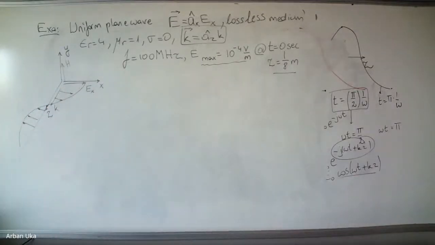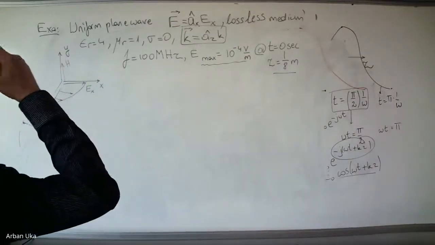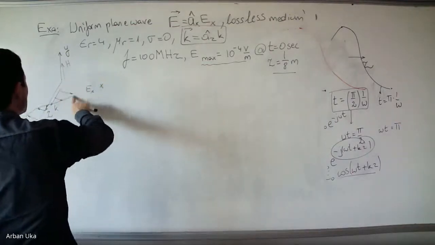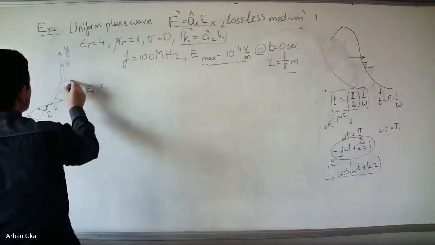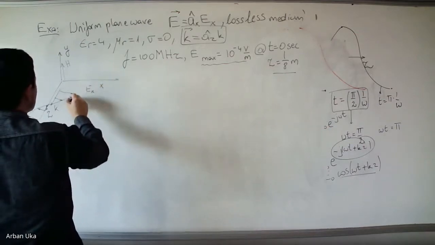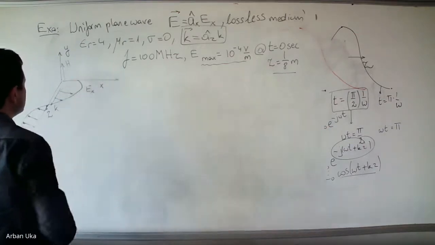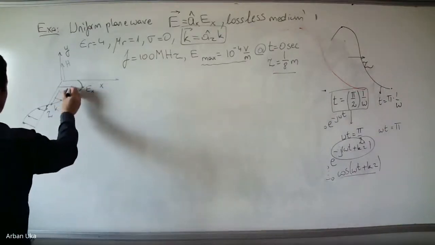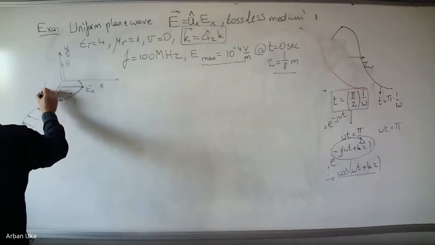Okay, so apparently we may modify this figure a little bit. This is going to be the x-axis, and here the magnitude is somewhere here, and this is z = 1/8.